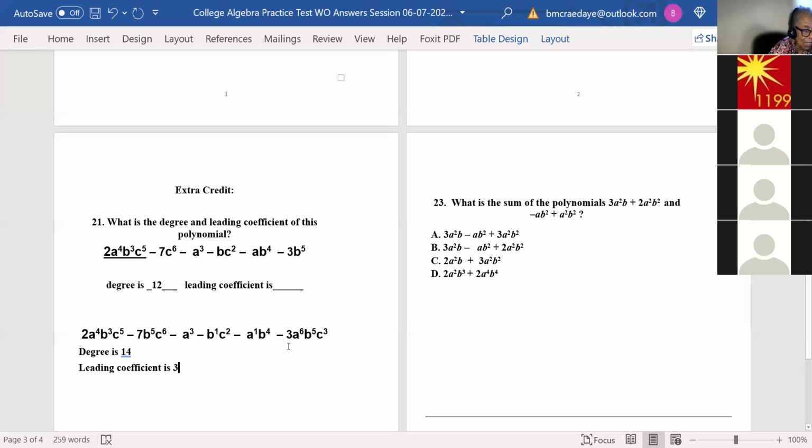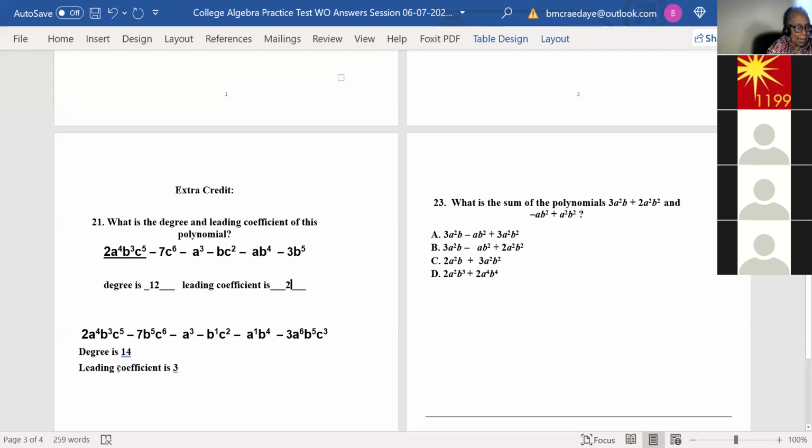So the leading coefficient is always the coefficient of the expression that has the degree of the polynomial. Like up here, the degree was what? 12, and 2 is in front of that expression, so the leading coefficient is 2.